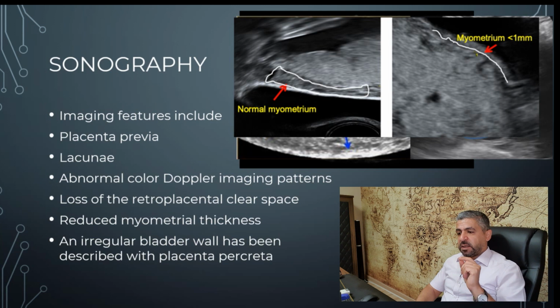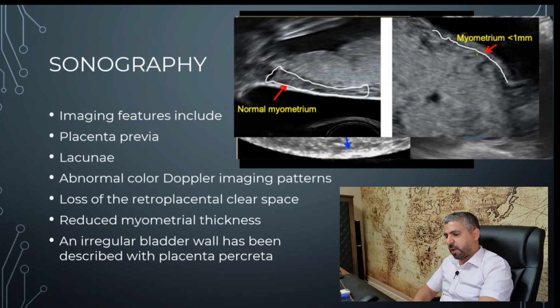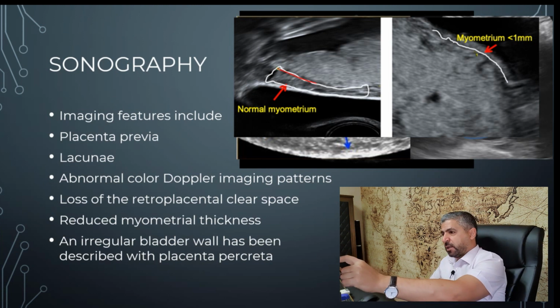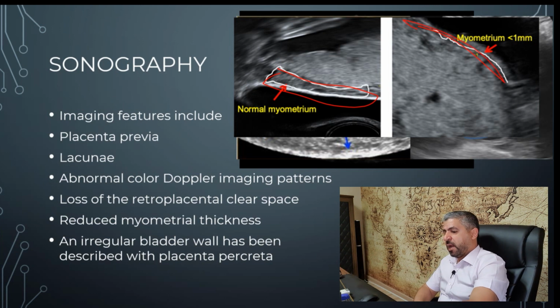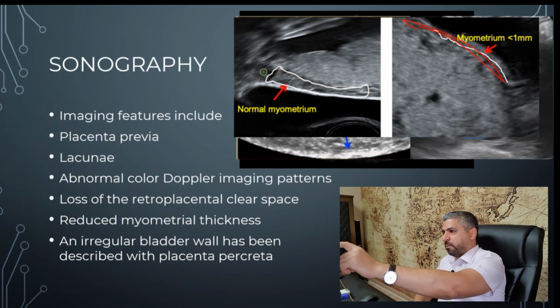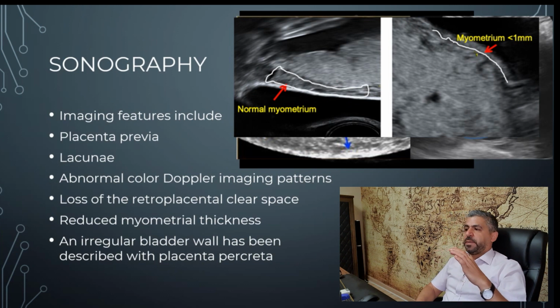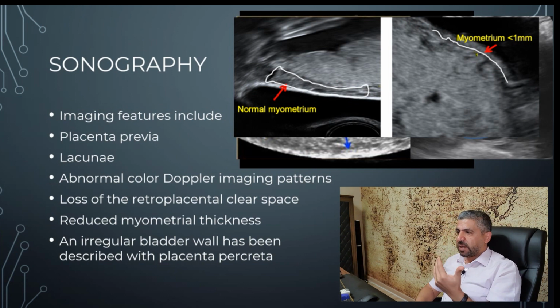Also, if there is reduced myometrial thickness, which is logical because the placenta is invading into the myometrium, you can see here there is a normal myometrium, while here the myometrium is very thin and irregular, and it's basically not as normal as it's supposed to be.